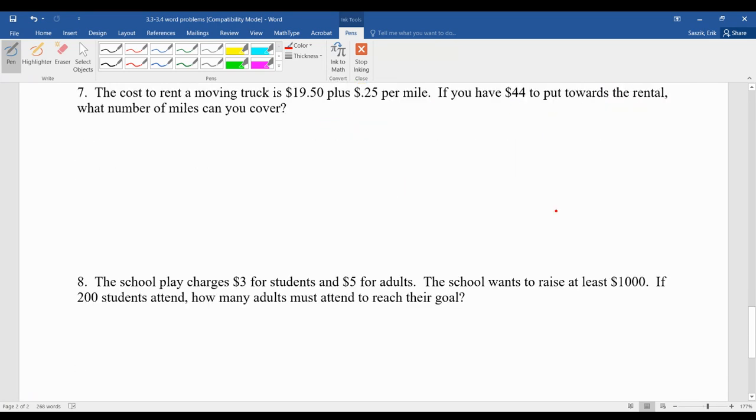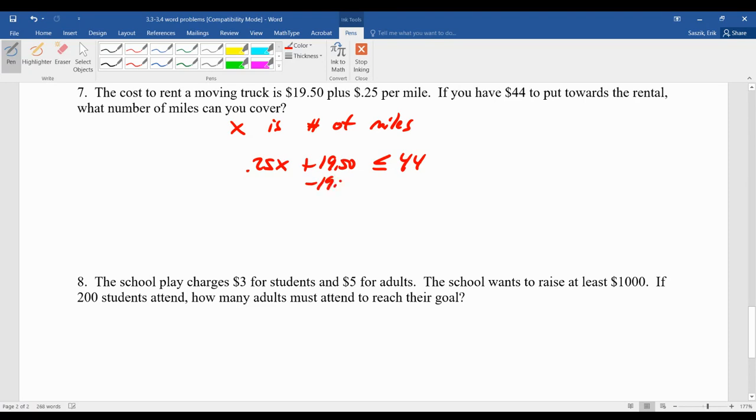The cost to rent a moving truck is $19.50. All of you guys will deal with this at some point in your life, probably. Move an apartment, who knows? If you have $44 to put towards a rental, what number of miles can you cover? So what we don't know is the number of miles. They cost 25 cents each, so 0.25x plus the upfront fee of $19.50. The amount of money that you spend on the rental has to be less than or equal to 44.